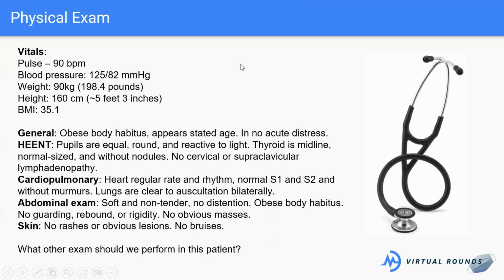So knowing that she's having vaginal bleeding, and that we have concern for potentially things like endometrial cancer, what area of the body should we perform an exam on? Abdominal? Yeah, so she had the abdominal exam, but absolutely in that area, it's also the uterus and things like that. So going with the abdominal exam more to the genitourinary system is the pelvic exam, right?